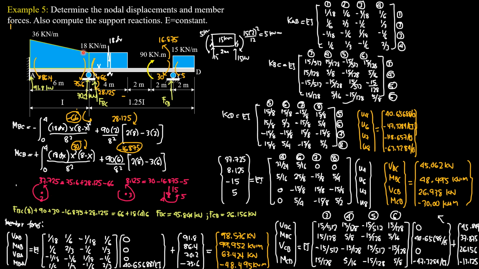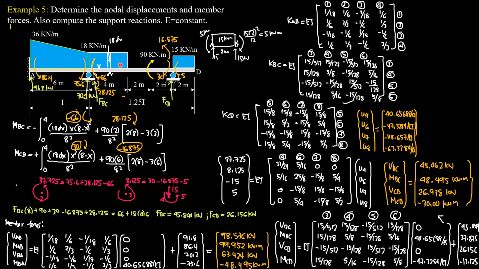So again, 75.6 plus 28.125 minus 66. The result is positive 37.725 clockwise net fixed end moment, but the nodal load is opposite to that, so counterclockwise. And counterclockwise moment is positive universally or globally.